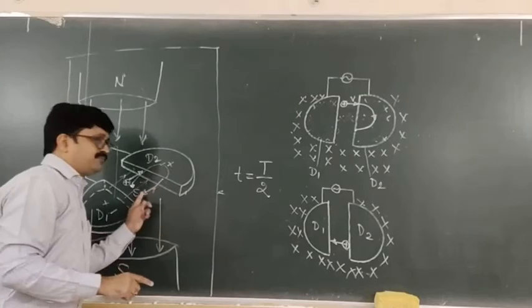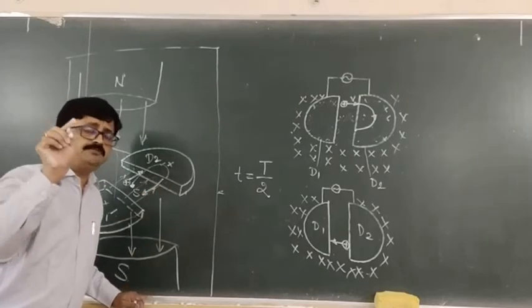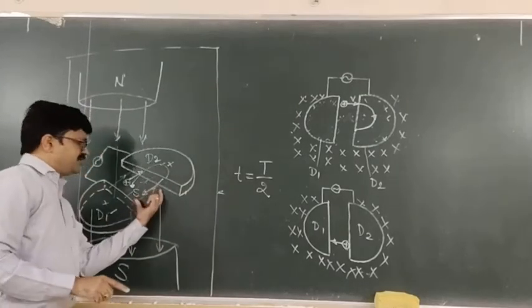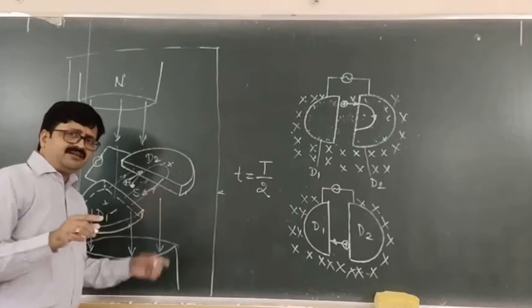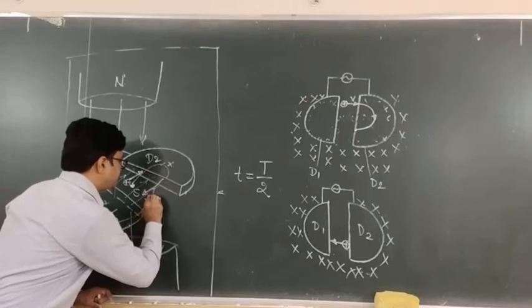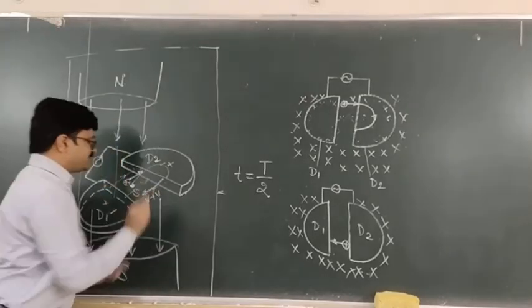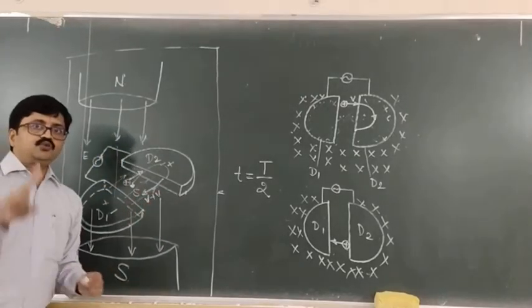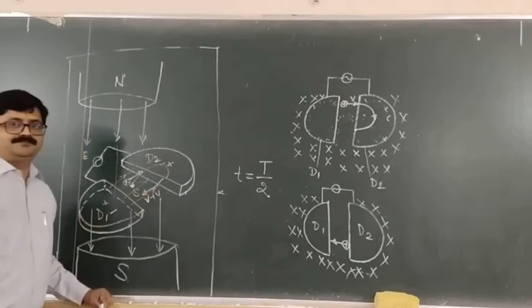Now it comes out with a speed of V, but under the electric field again, it will gain V again. So what will be the speed here? V plus V. That means it has gained 2V amount of speed.